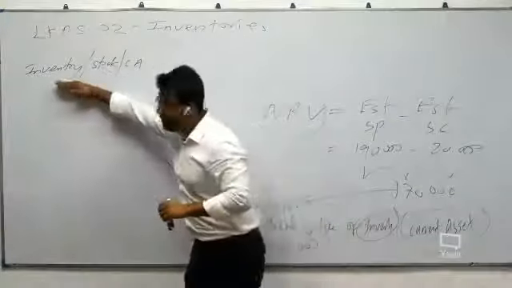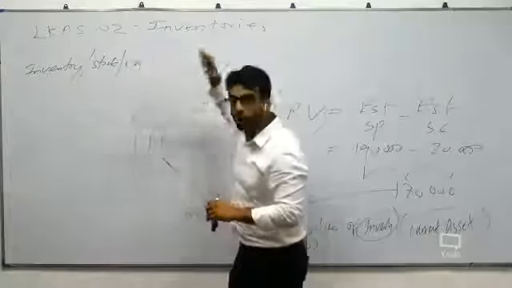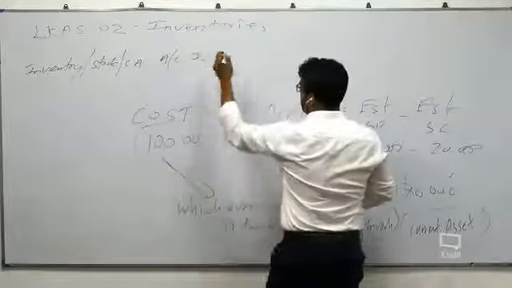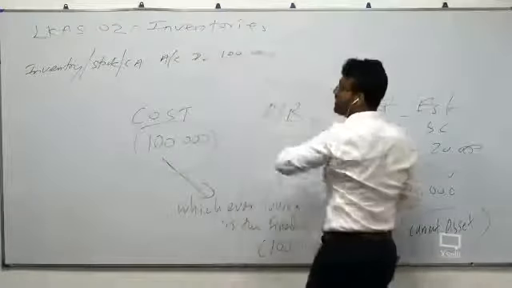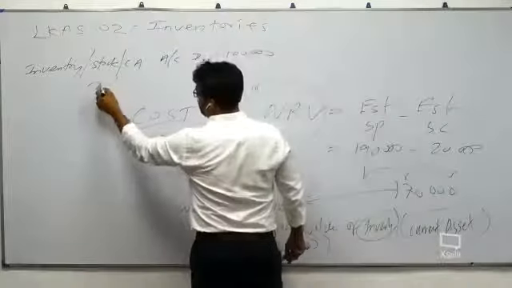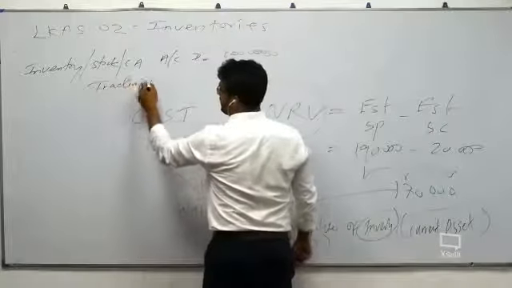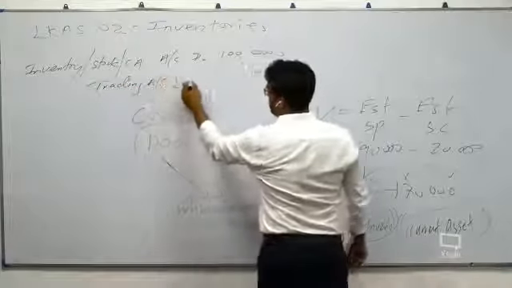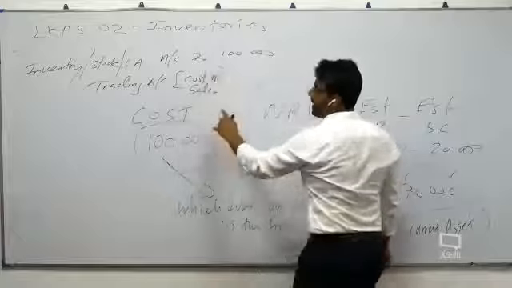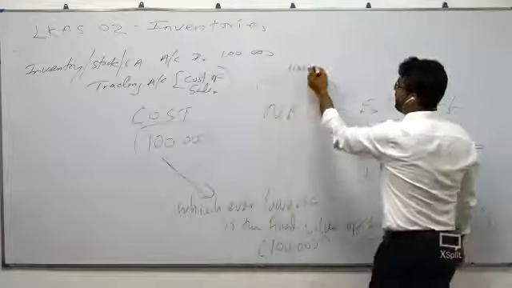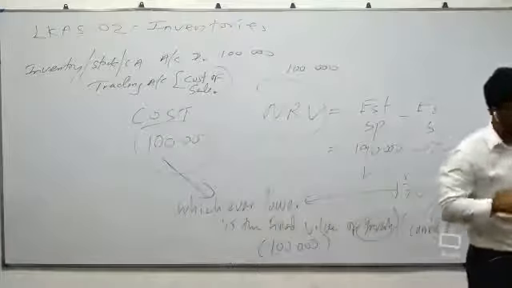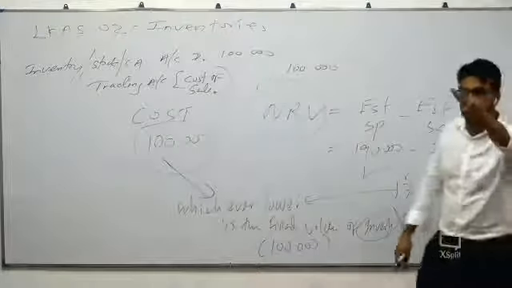So inventory account debit, stock account debit, or asset account debit 100,000. Where do we credit? The trading account. Okay, very good. Because trading account, within bracket, write it down, the cost of sales calculation. Inventory, the other entry goes to cost of sales calculation.